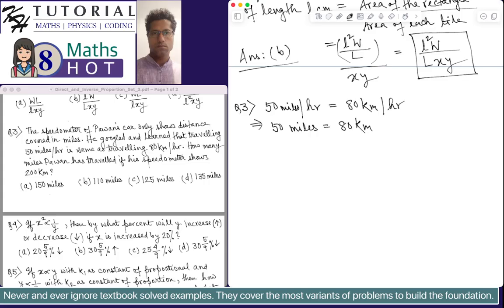Now, the concept that you need to understand is that a certain distance in miles and the same distance in kilometer are in direct proportion.